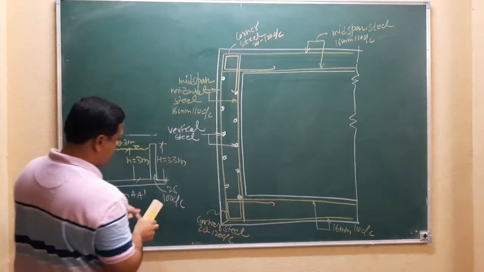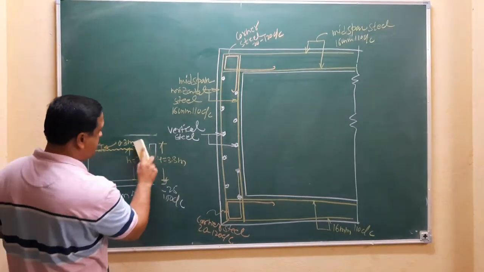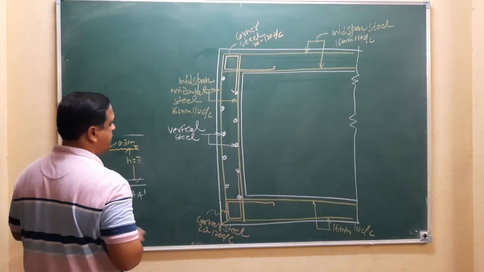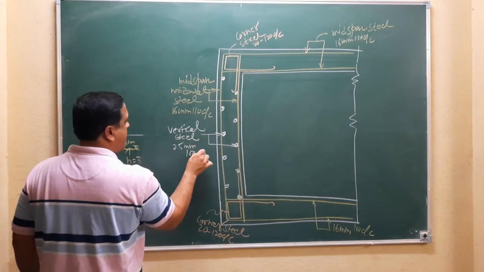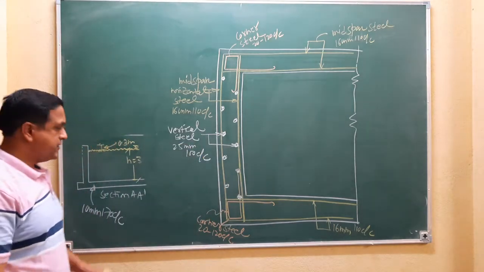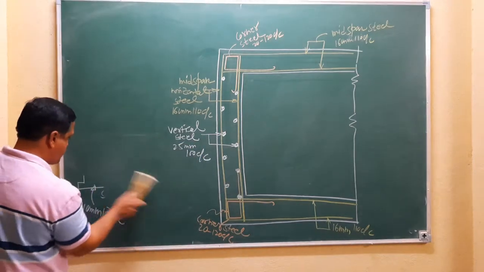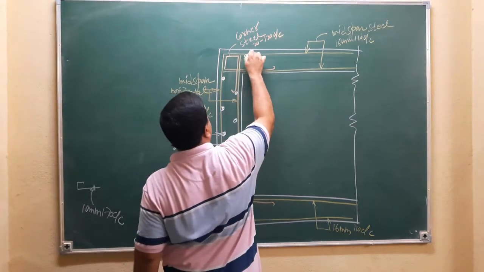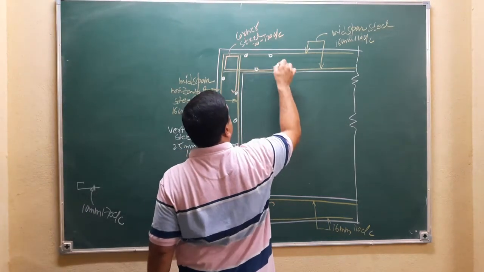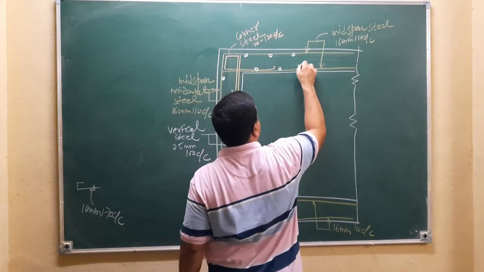Vertical steel, 25 mm diameter, 100 mm center to center. Same thing you have to show. Vertical steel is same for all walls.